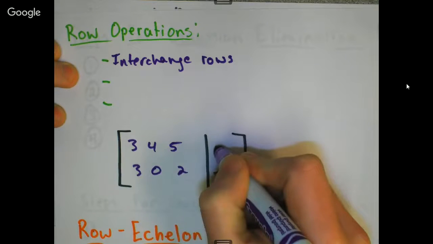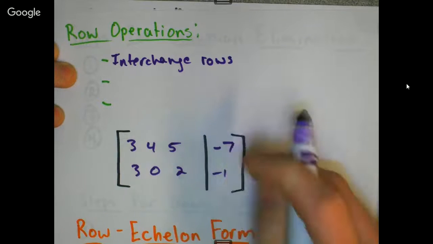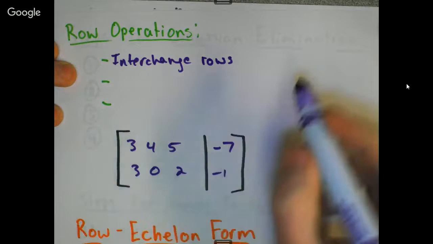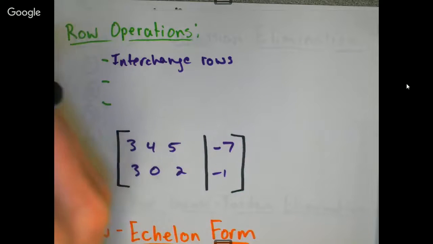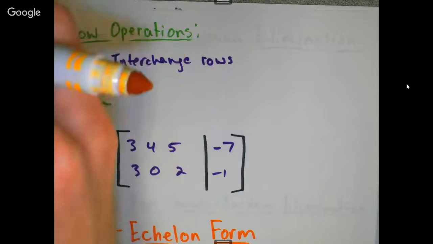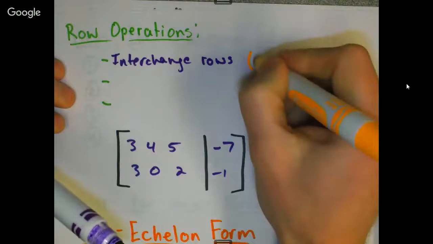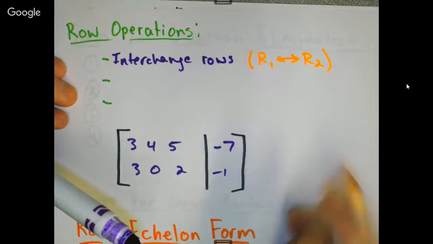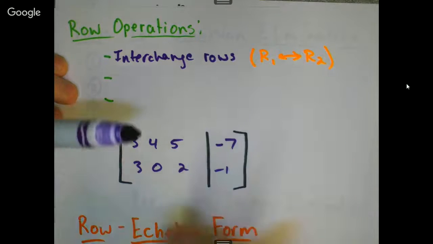So I could flip these rows. So this row here could become the first row and so forth. And we use some notation here to denote that. So I might interchange row 1 with row 2. And we would just put it with a double arrow.